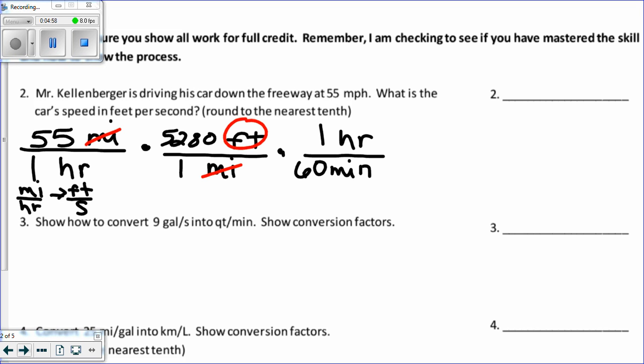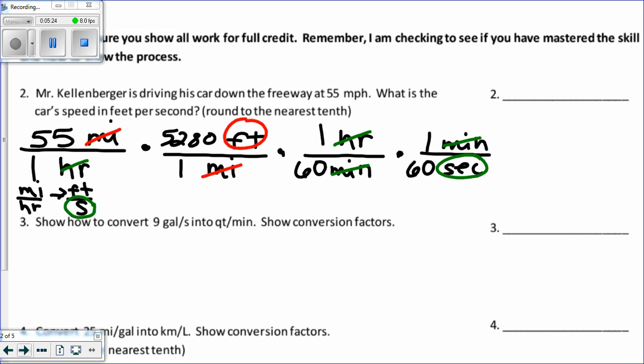So again, this works out nice. Hours cancel. Now we're in minutes. We're going to go from minutes to seconds. So I'm going to put 1 minute on top and 60 seconds on the bottom because those are equivalent. And those cancel out nicely. Minutes, minutes. We're left with seconds in the denominator. That's what we wanted.